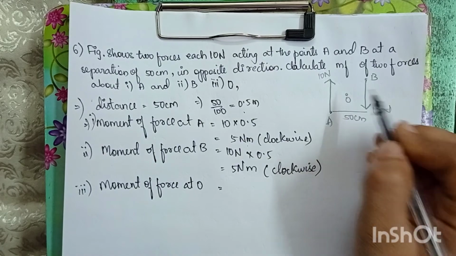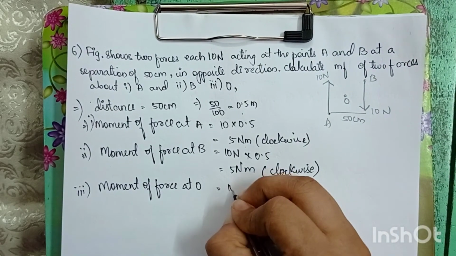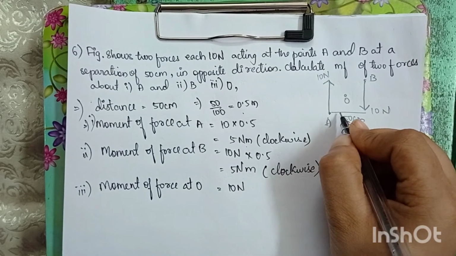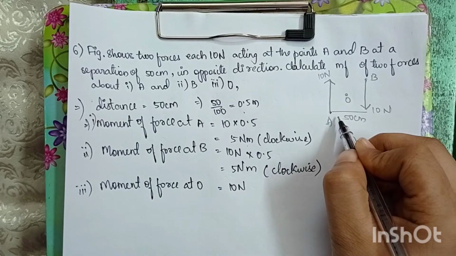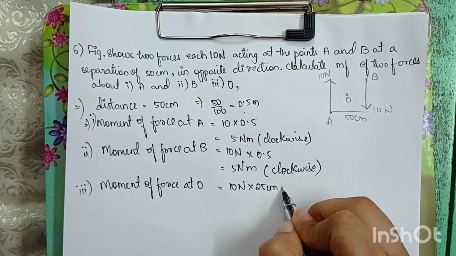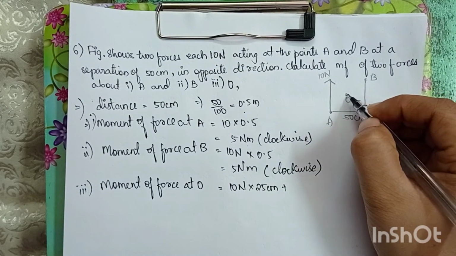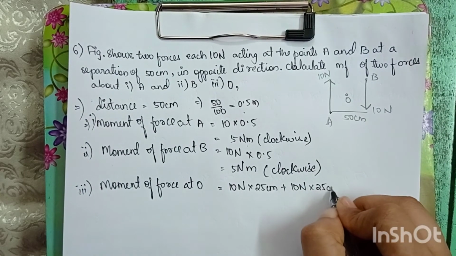So this is a tricky one. First we need to take force 10 Newton into, but in this the distance should be taken as 25, because A to O the distance is half of the 50 centimeter, so it will be 25 centimeter. Then plus, again we should take O to B, so 10 Newton into 25 centimeter.